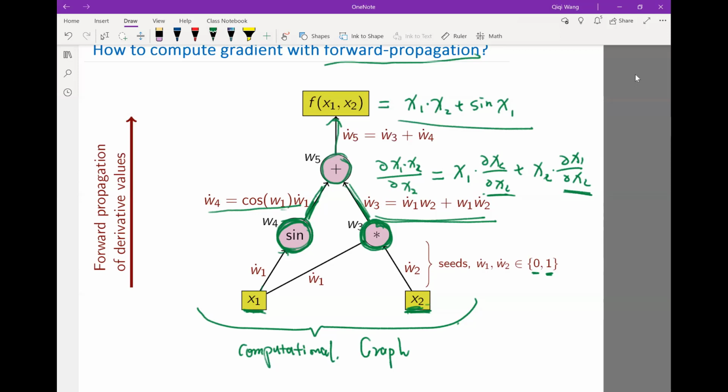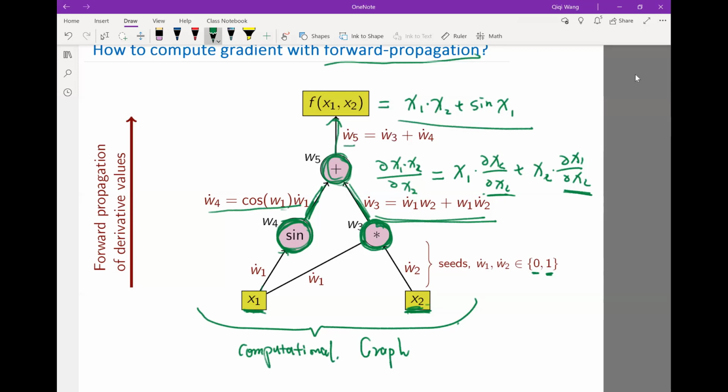Okay, so with the derivative of the output of these two first stage operations computed, we then propagate the derivative forward. Now we know the derivative of the inputs of the plus. The task is to now compute the derivative of the output of the plus. Again, we're going to be using the partial derivative of the plus operator. And in this case, the partial derivative of the plus operator with respect to both of its inputs is 1.